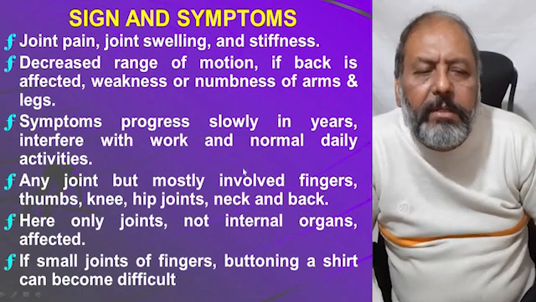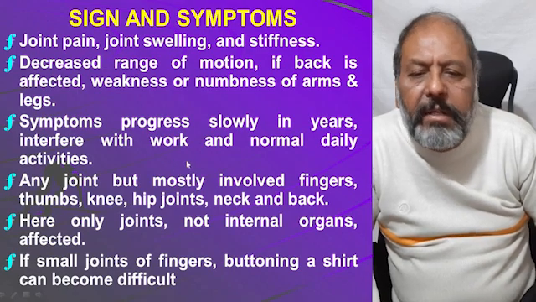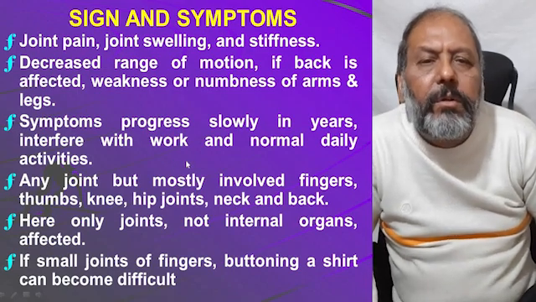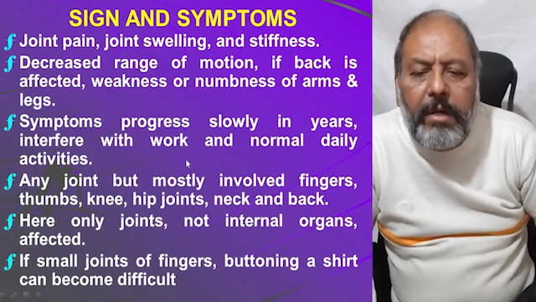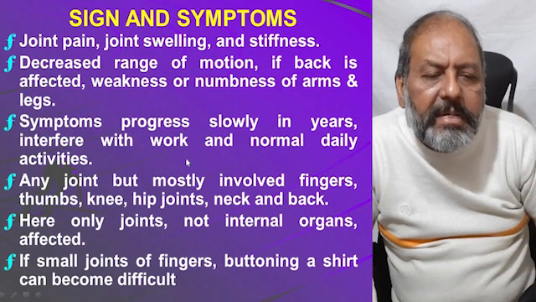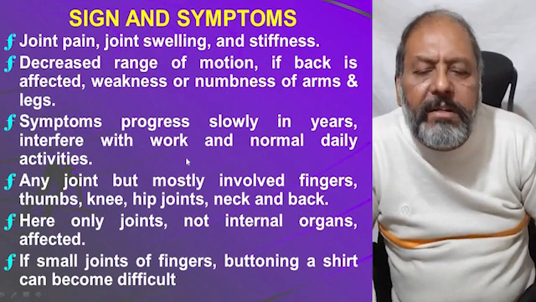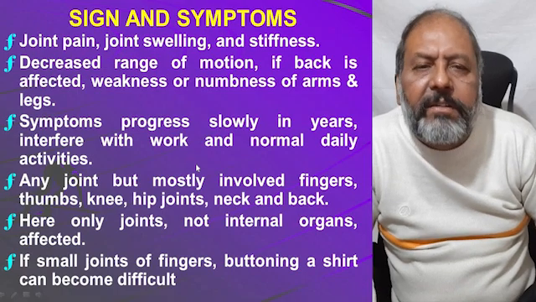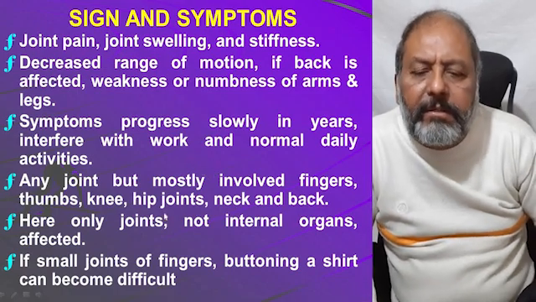Symptoms progress slowly over years and interfere with the work and normal daily activities of the patients. Any joint can be involved, but mostly involved are fingers, thumb, knee, hip joint, neck, and the back.